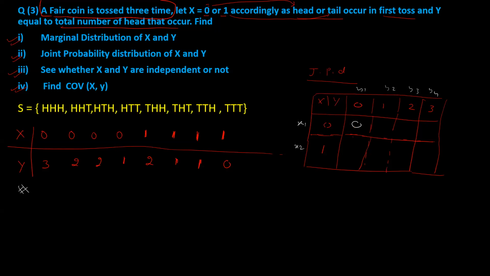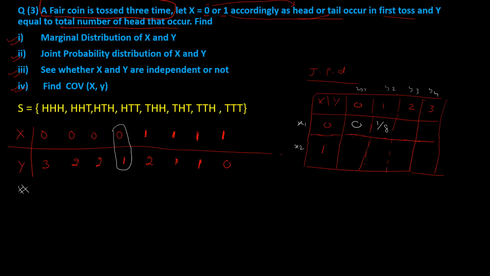Now, the next combination to check is 0 and 1, x0 and y1. Here I have the combination. How many times do I have it? Only one time out of 1, 2, 3, 4, 5, 6, 7, 8. So out of 8, only one combination. So this value will be 1 by 8. Please pay attention carefully to how I am writing the joint distribution table.